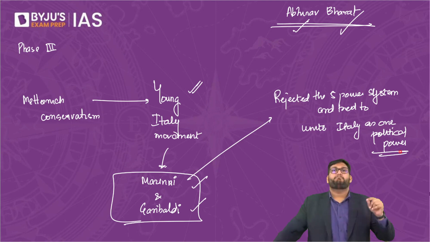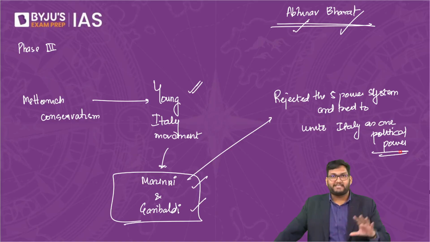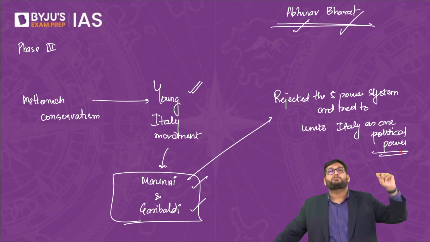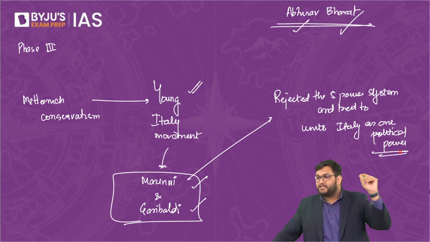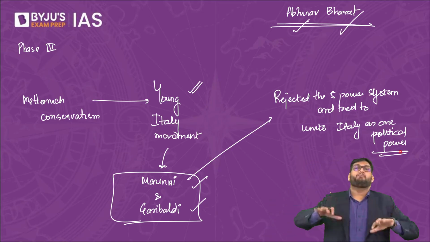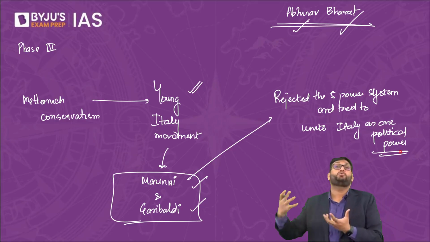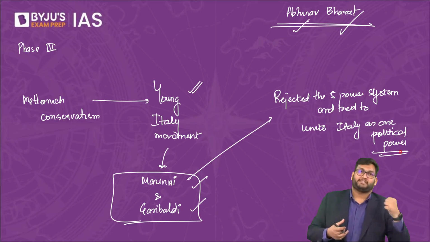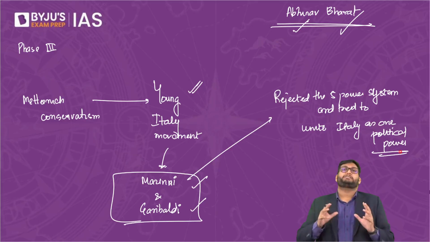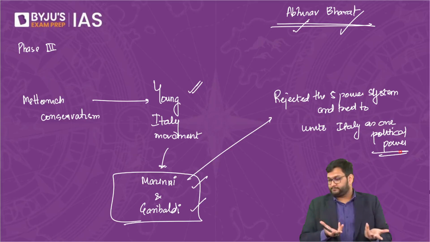So whilst Metternich restored the 5 powers, and there will be the Young Italy movement, or Mazzini and Garibaldi, who will struggle against it, the same issue which the Risorgimento had, they will also have, which is that their movement was very popular amongst students, amongst professors, amongst northern Italy. But southern Italy, somehow they understand nothing.